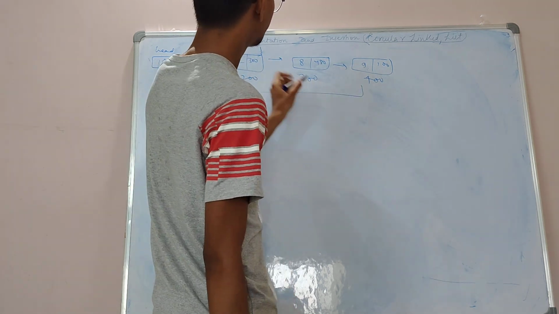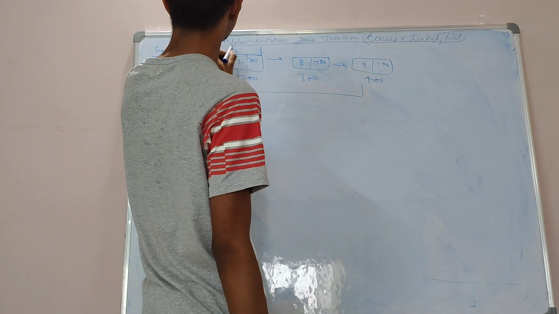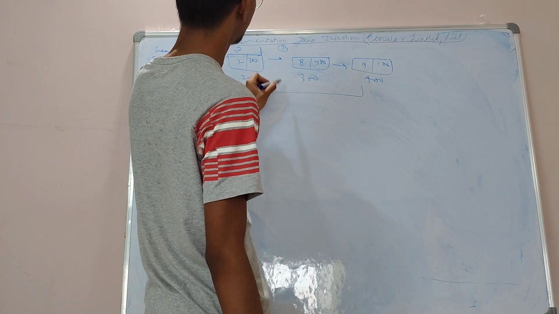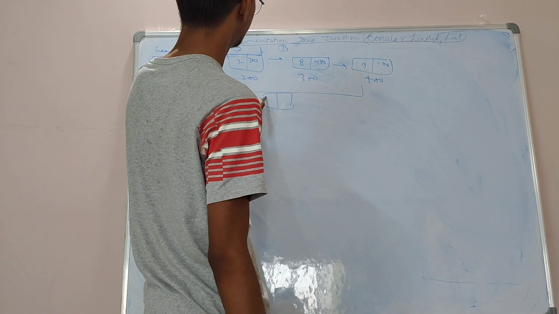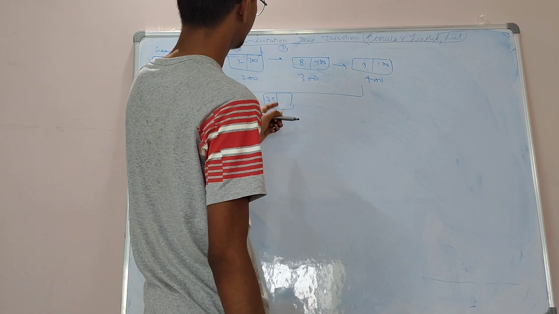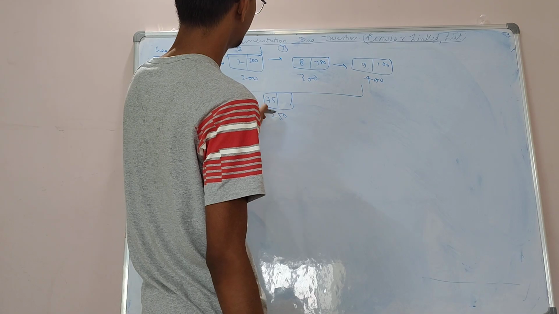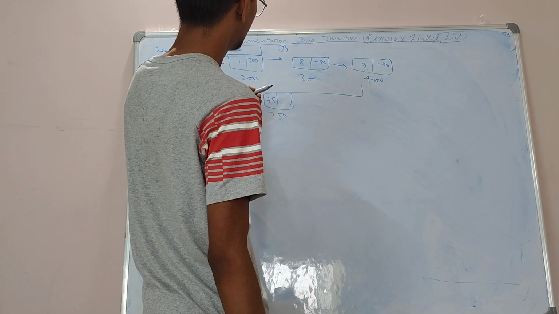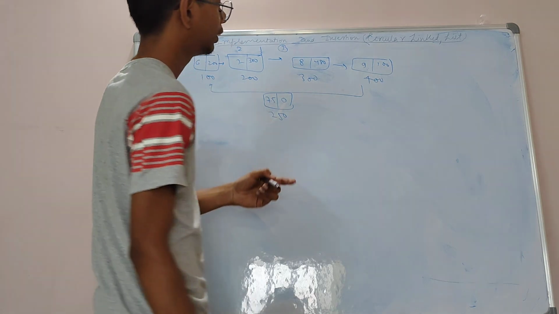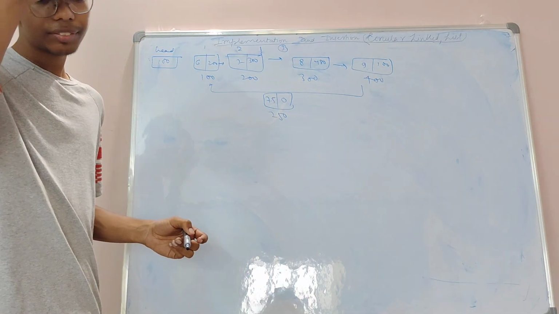This is position 1, position 2. At position 3, I want to insert a new node with data 7.5, and the address will be, suppose, 250, and its next is initially null. So how will I insert?